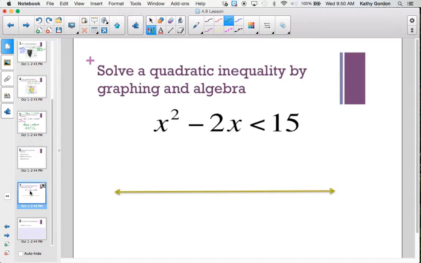No. You would not want to list anything from the -2 to the 1, because when you write that notation, so if I wrote -2 to 1 like this with parentheses, you're saying that it's the -2 and the 1 themselves that are not included, but everything else in between is. And in the case of that particular inequality, those values did not work. So we don't want to include that interval at all. Okay? Good question.